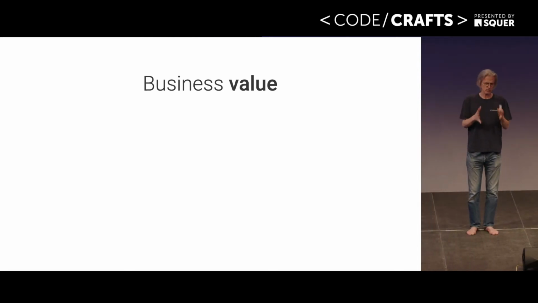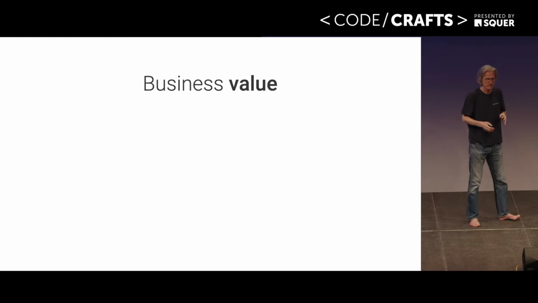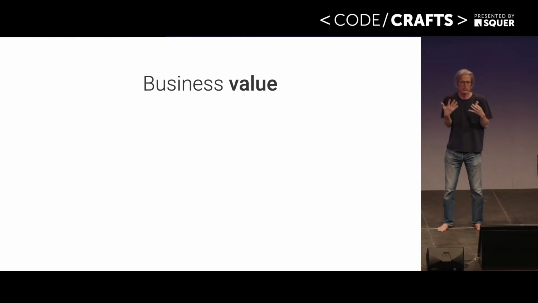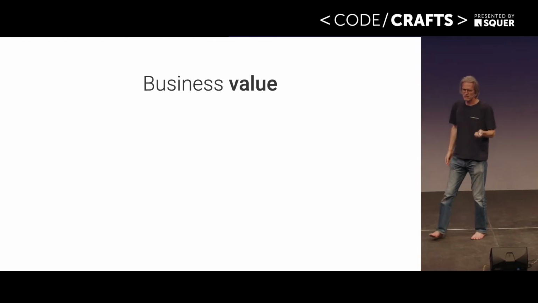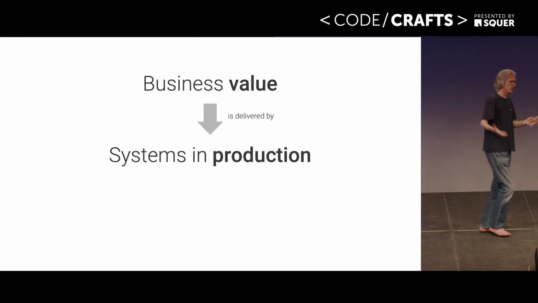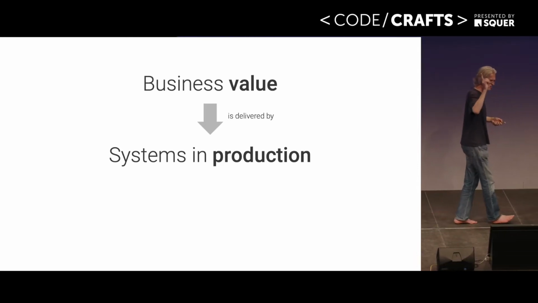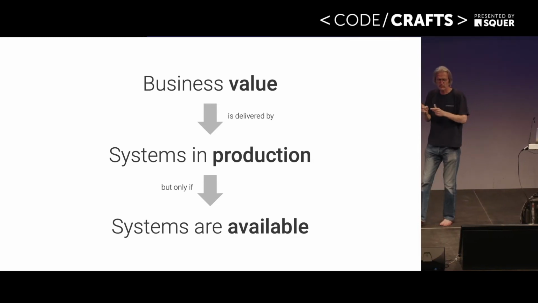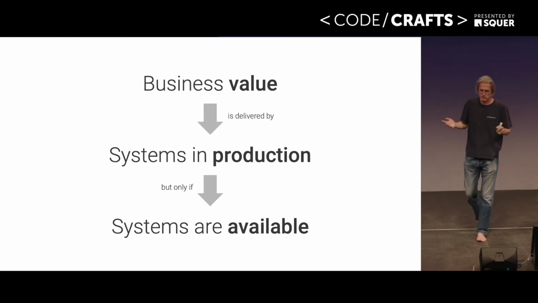I mean, we would love to, but unfortunately there's this thing with business value, and by the way, business value is a lot more than just creating some features, but we want to create some kind of value with the systems that we create. But we only create this value if those systems run in production. Systems in development, well, can be fun, sometimes they're not, but they don't create value. But that's not enough. They need to be available. They need to do what they promise to do. Otherwise, they don't create any value.